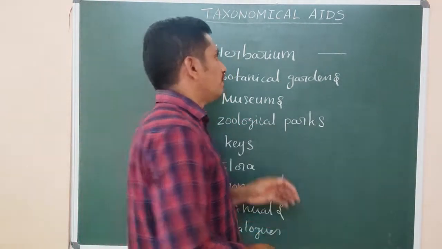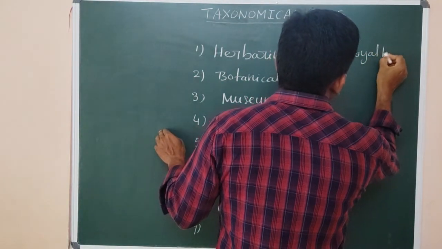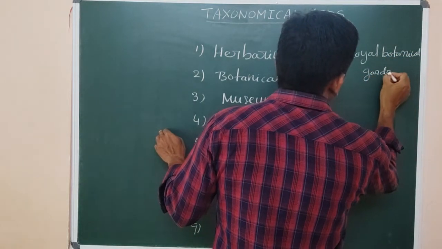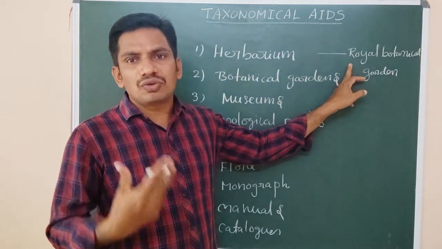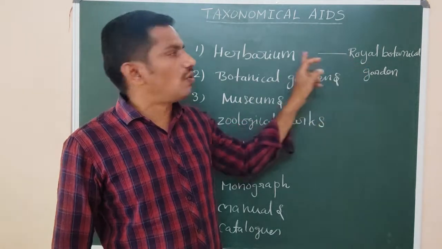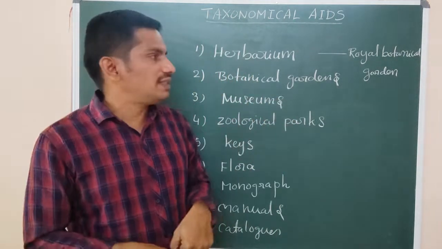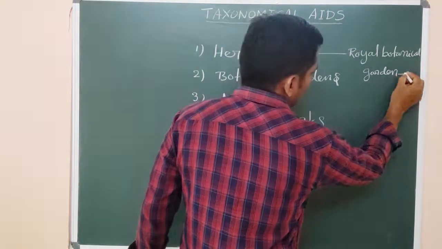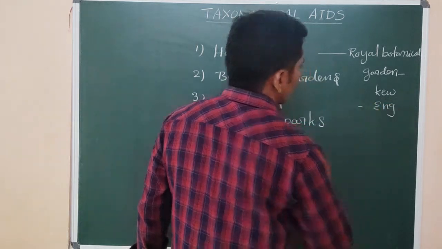The largest herbarium is the Royal Botanical Garden, the repository or storehouse of plant species pressed and dried. The Royal Botanical Garden is located at Kew, in England, right?